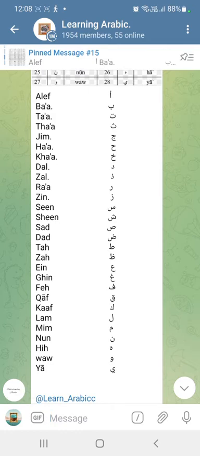From it came alphabets. And when you describe someone who is a leader, you call him an alpha male. So it's the first letter. It always signifies someone or something that is first. Alpha. So the first one is alif.